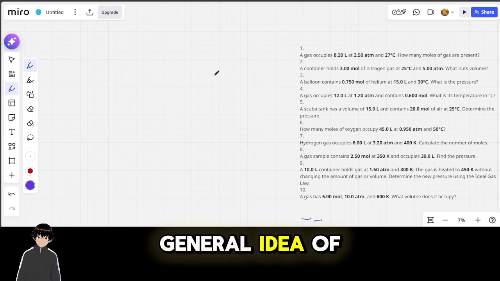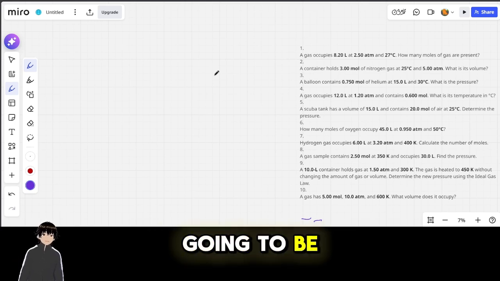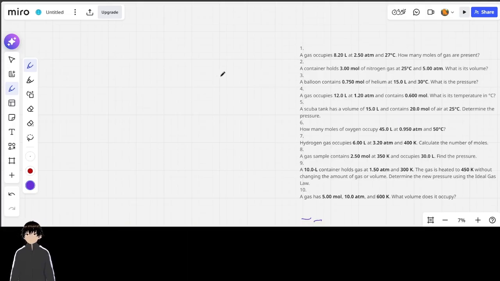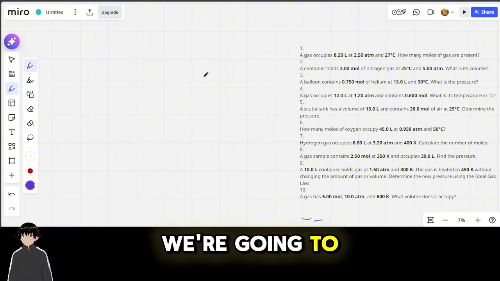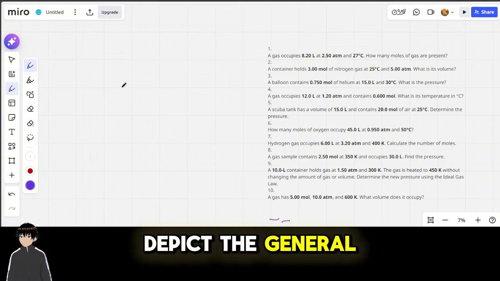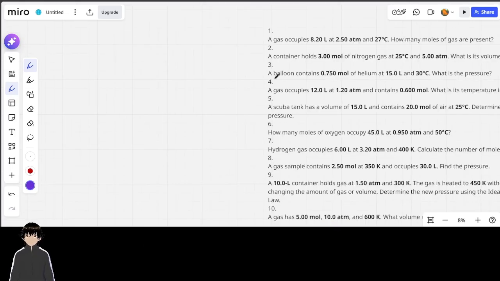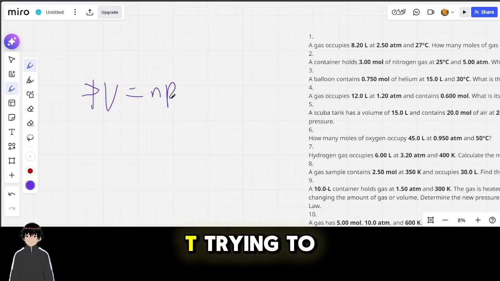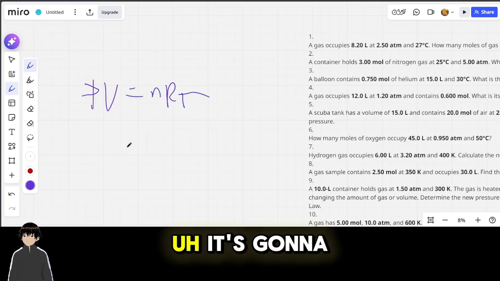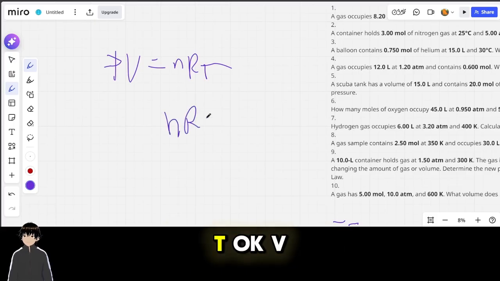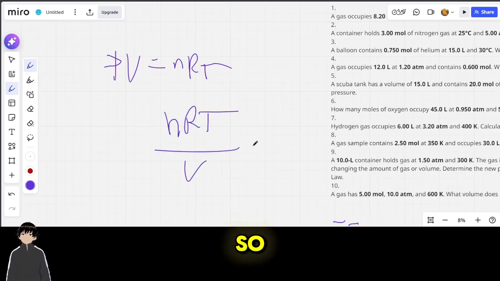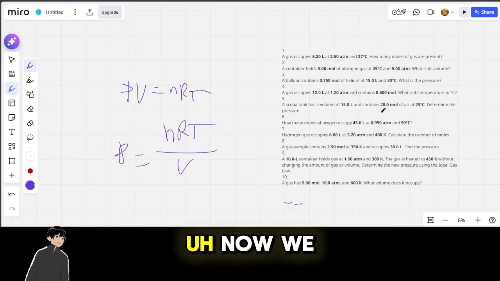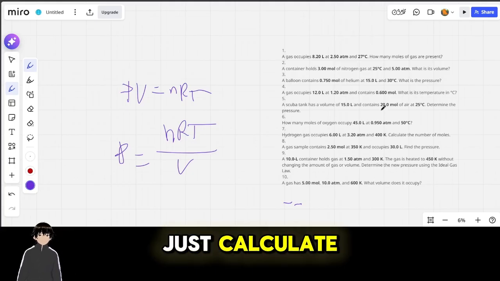We get the general idea of this, but I'm just going to be inputting everything directly into my calculator. But of course, we're going to depict the general solution or the formula. So we're trying to find pressure here. PV equals nRT. Trying to find pressure, it's going to be nRT over V. Now we just calculate.